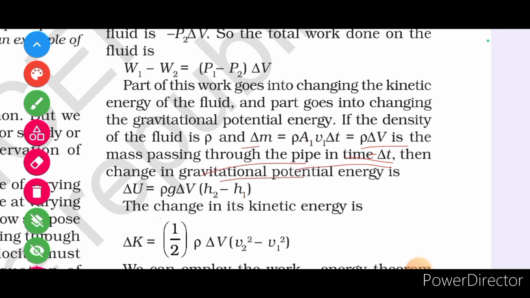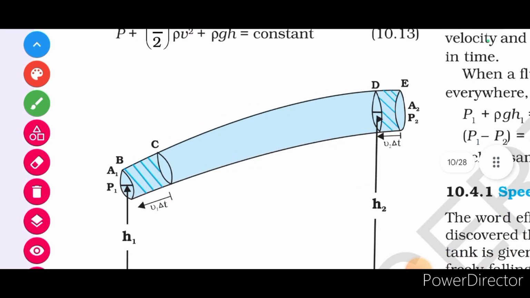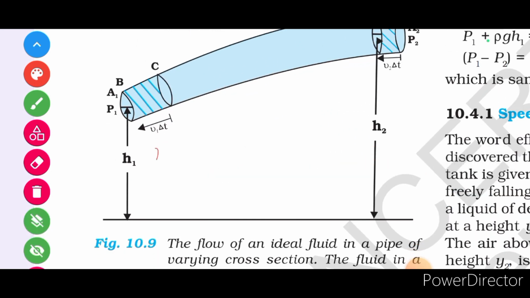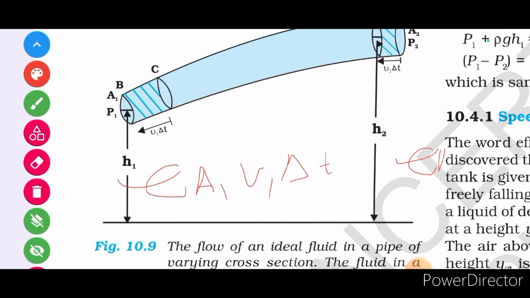Then the change in gravitational potential energy is this. The potential energy here and here. The density is the same, the volume is the same, but the difference was in how we have written the volume: here it was rho A1 V1 delta T, and here it was rho A2 V2 delta T. And what is the formula of potential energy? mgh.